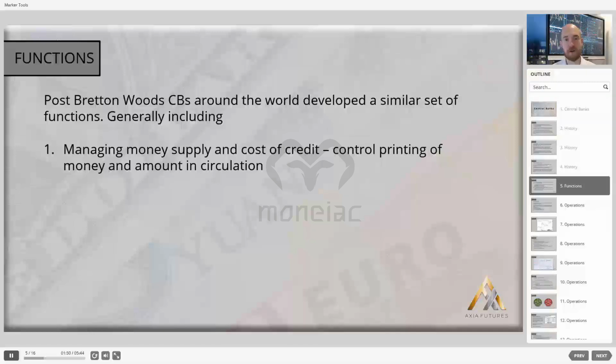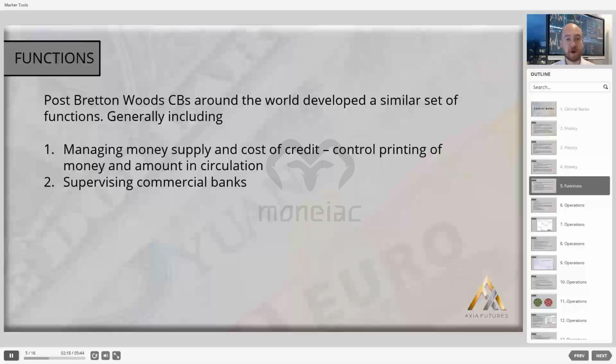If I have lots of money and someone else has lots of money, there's a fight between us to lend that money out, and to compete, you will lower your interest rates. So increasing the supply of money will actually lower interest rates in the economy generally, thereby reducing the cost of credit, or heightening it by reducing that supply of money and slowing the economy down.